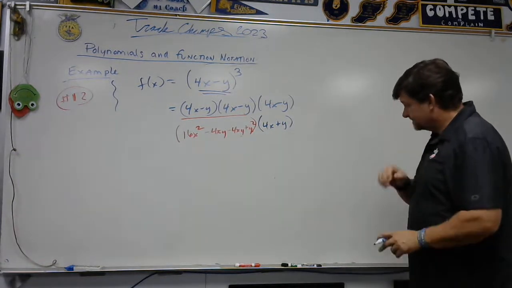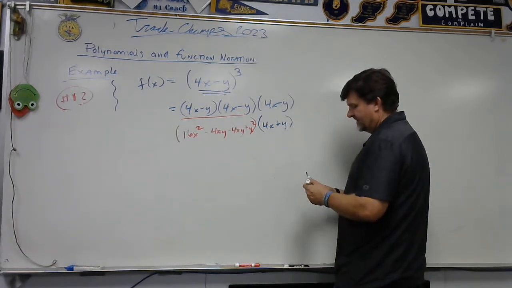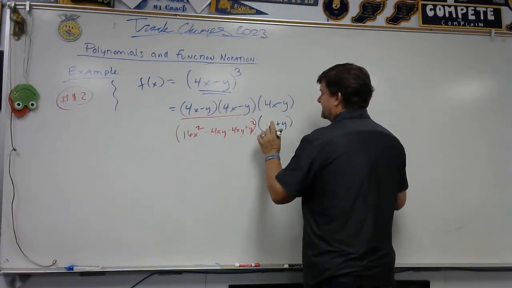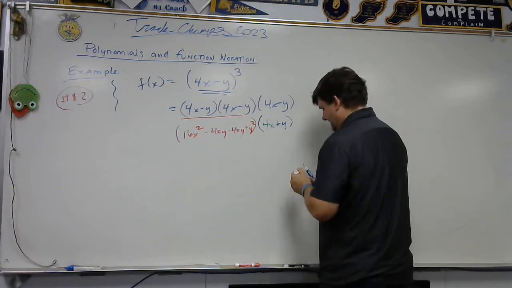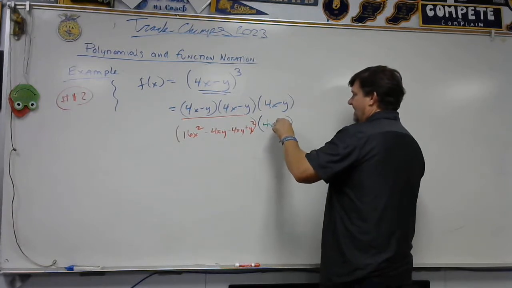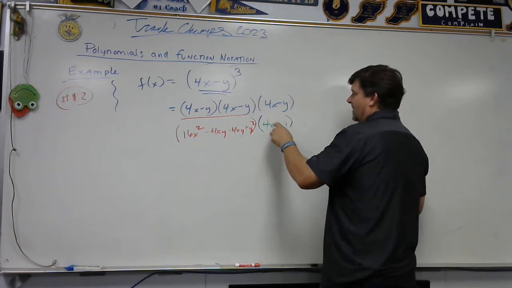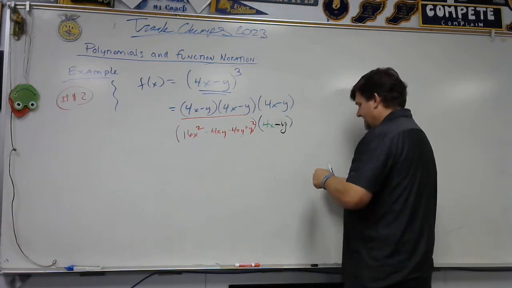So now, I am going to change these two colors on you guys. I'm going to make this one green, and I'm going to make this one black. And, oops, that's supposed to be a minus y. And then this is what we're going to do.